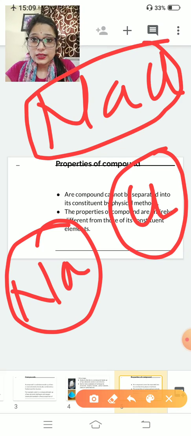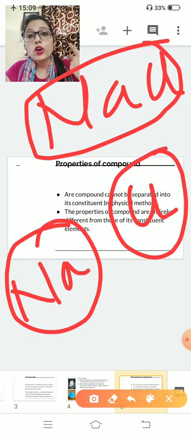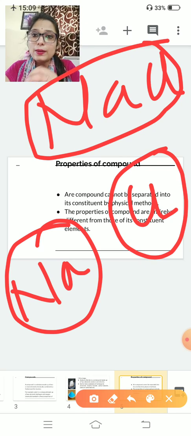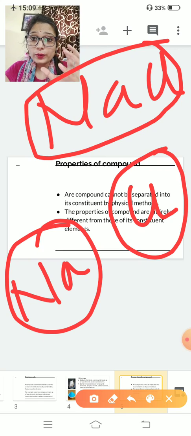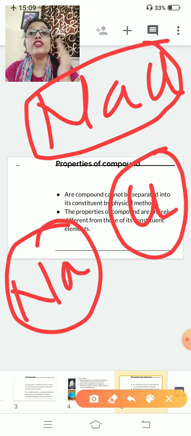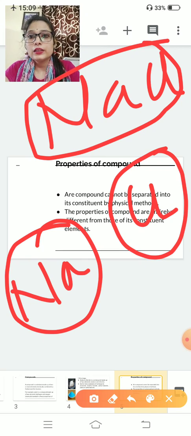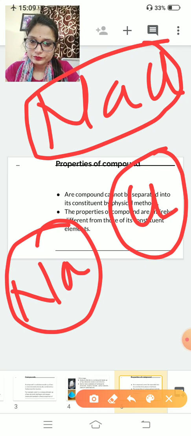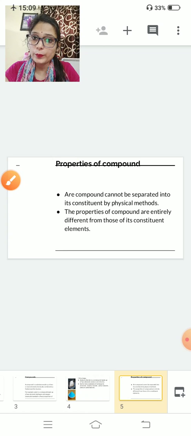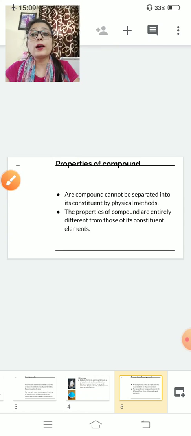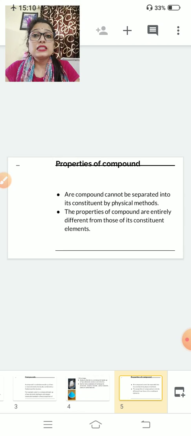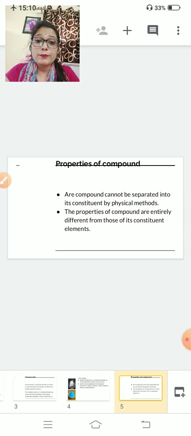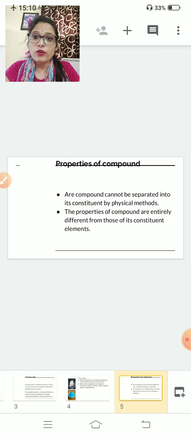Clear? That means if we combine two or more elements chemically in a fixed proportion, their properties will be entirely different from the reactants. So the first property is that a compound cannot be separated by any physical method. Second, the properties of a compound are entirely different from those of its constituent elements.